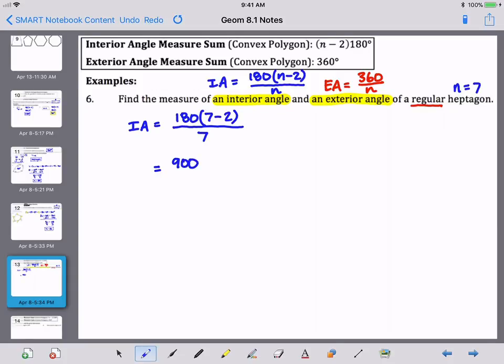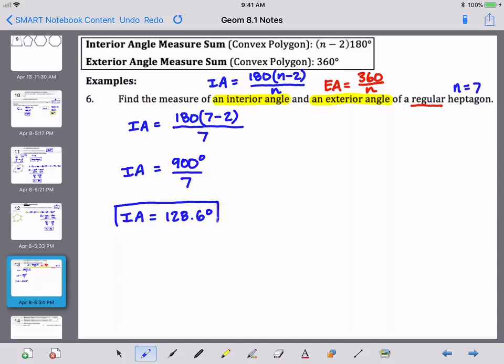So 5 times 180 will give you 900. So if we take 900 degrees and divide it by 7, that means that one interior angle is going to be about 128.6 degrees if we're dealing with a regular heptagon.